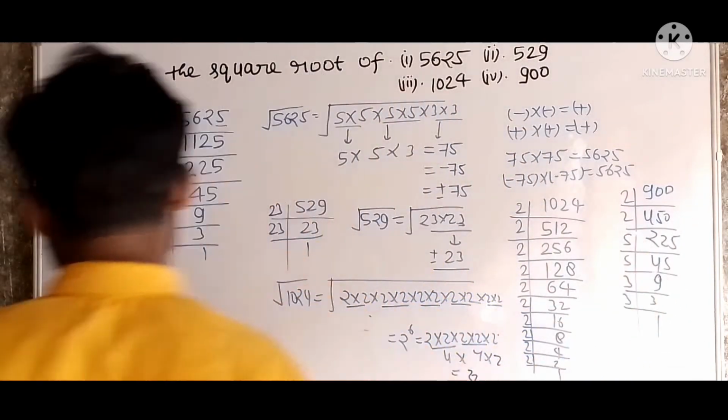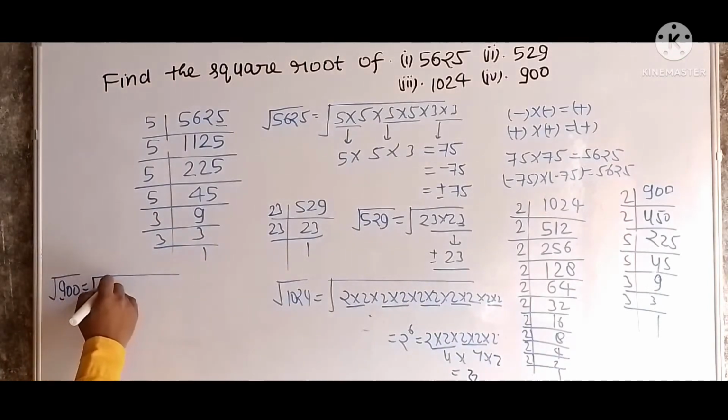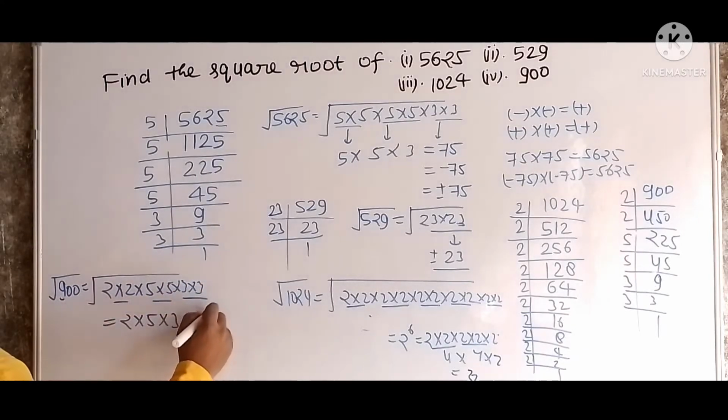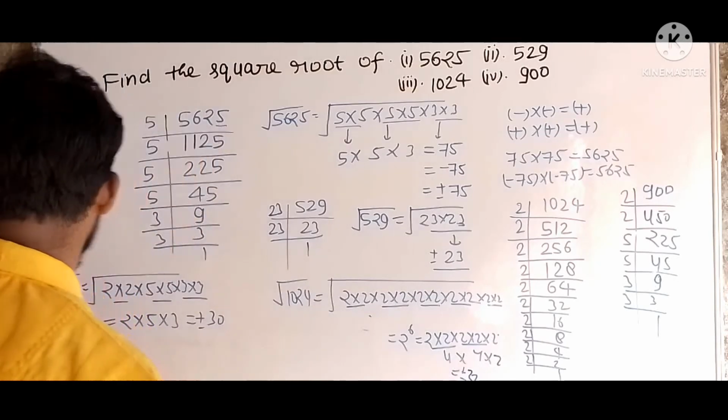So 900 can be expressed like this. Now pair the numbers: from here you get 2, 5, 3, so 30, but it is plus minus 30, here also plus minus 32. Write it down.